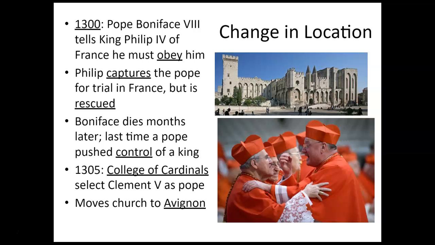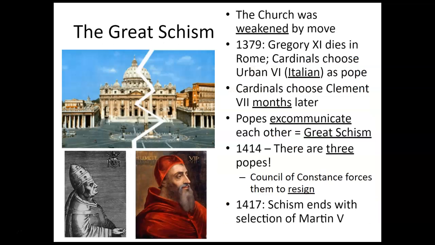And what ultimately ends up happening is the College of Cardinals selects Clement V as Pope in 1305, and the church base, which is normally in Rome and still is to this day, for a time moves to Avignon in France because of the linkages to the French king. Now, the church ends up getting weakened by this move, mainly because it's off of its power center, and then two, it's under more of a control of an actual state. So it's going to be weakened.